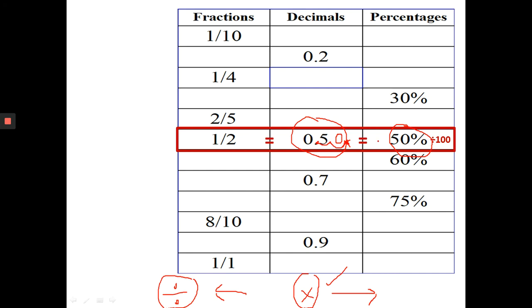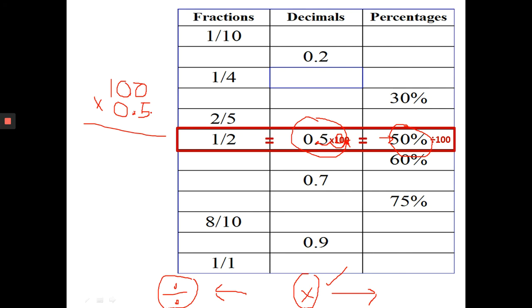Okay, so that's why we get there 50%. Okay, we multiply that to 100. If you multiply that to 100 manually, when we say manually, that means you divide it manually like this, you'll get the same answer. Okay, 100 divided by 0.5.